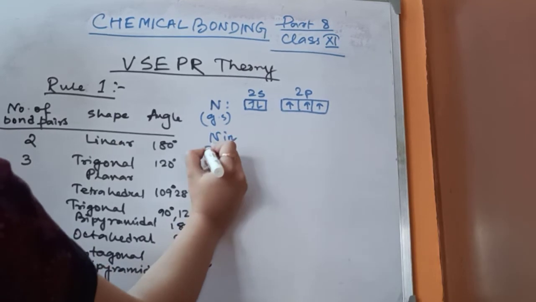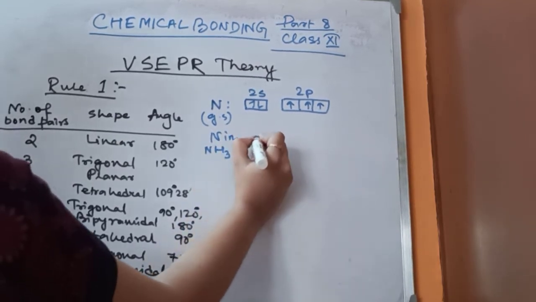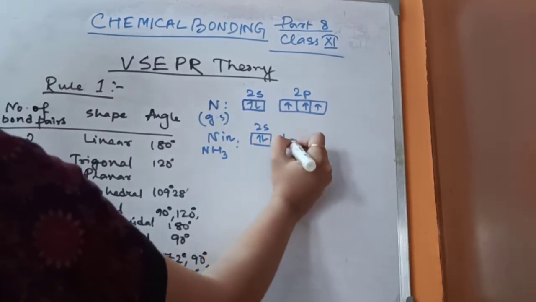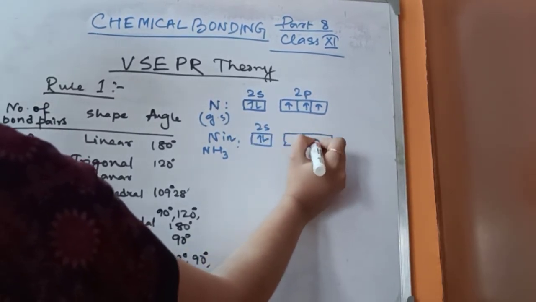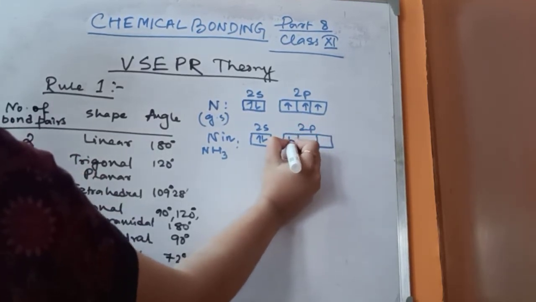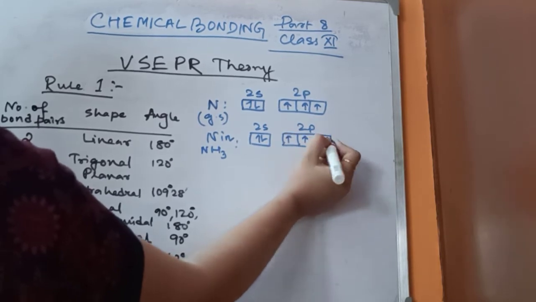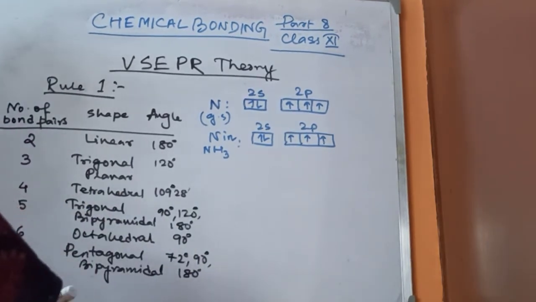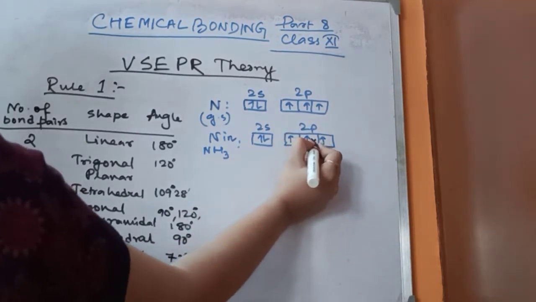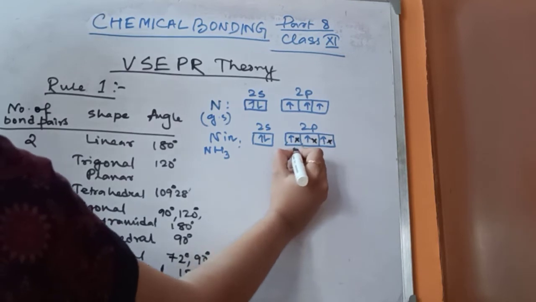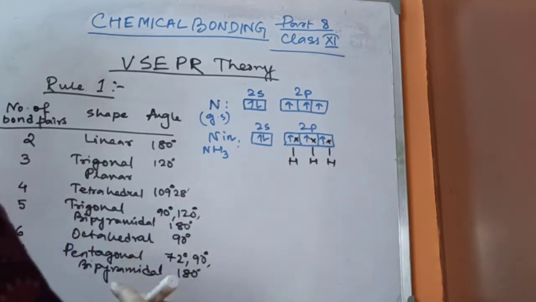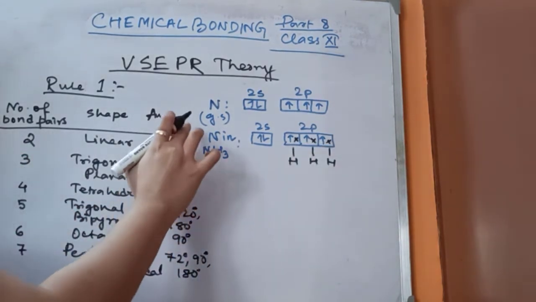So, nitrogen in ammonia: 3 hydrogens will share one electron each with the 3 electrons of nitrogen.